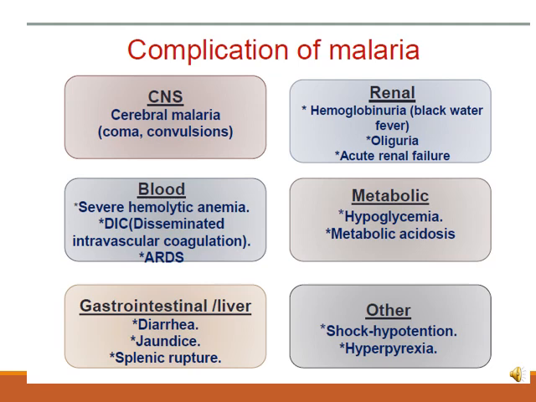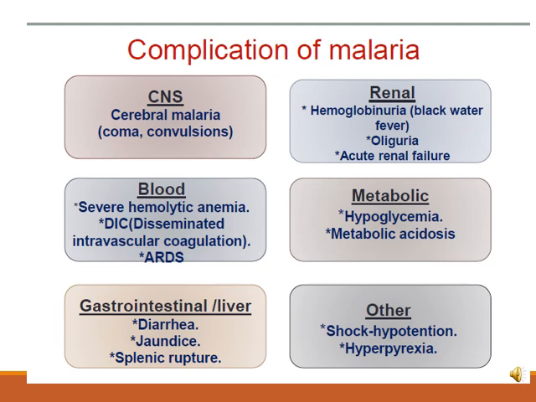Complications regarding the hemolysis result in disseminated intravascular coagulation and ARDS, resulting in the signs and symptoms of cough, pleural effusion, and respiratory failure. Involvement of the GI tract and liver results in diarrhea, jaundice, and sometimes the spleen is so much enlarged that it can rupture.